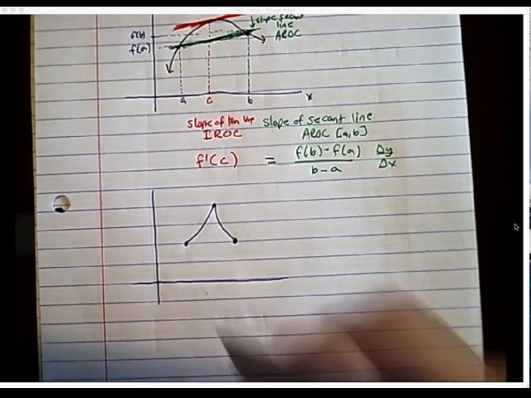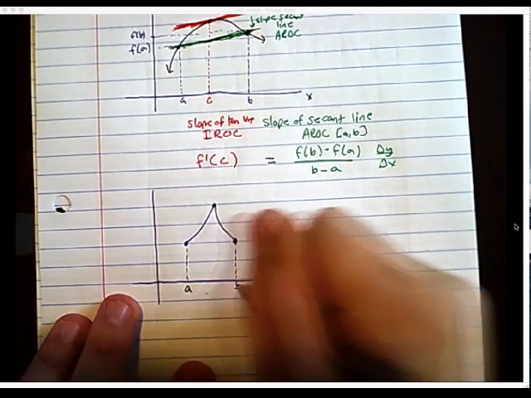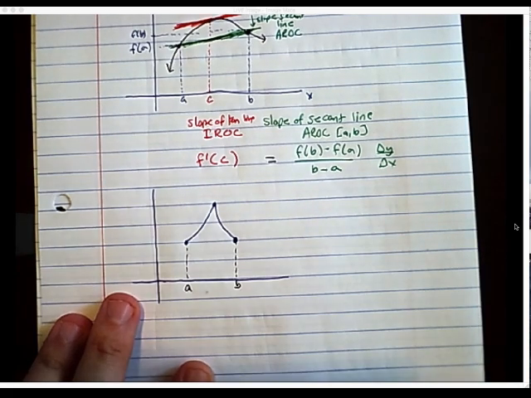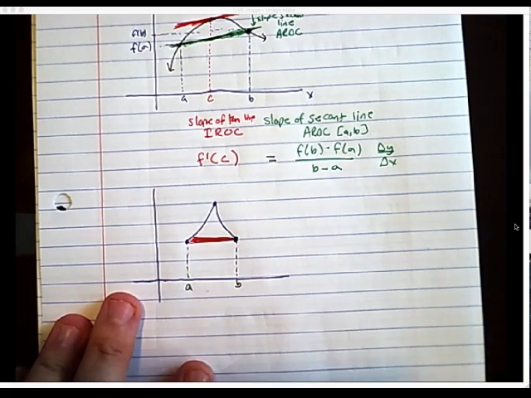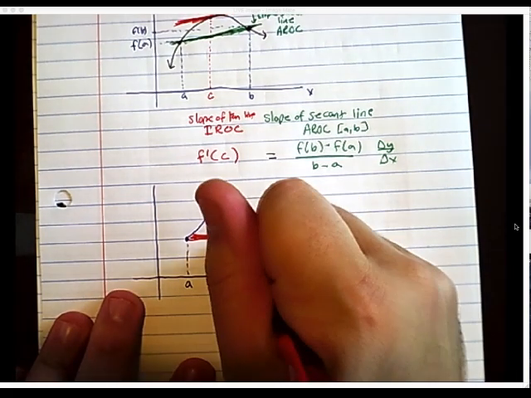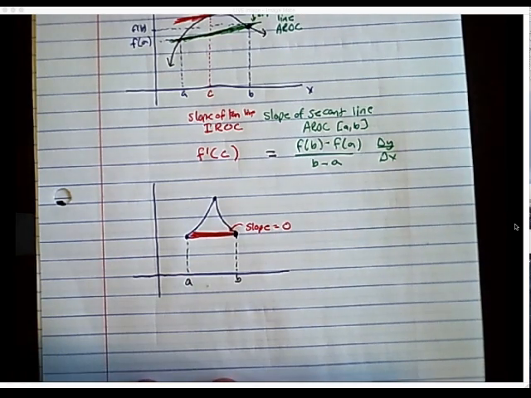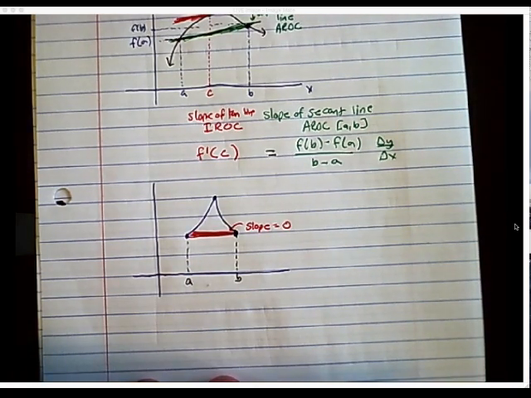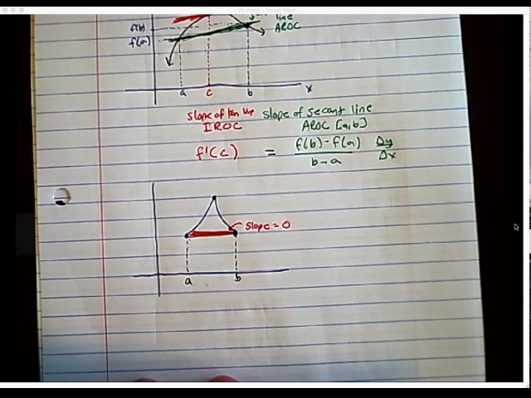Let's say that this is the A value and this is the B value. If I draw in a secant line between A and B, the slope there would be 0, because both of those points have the same y value.